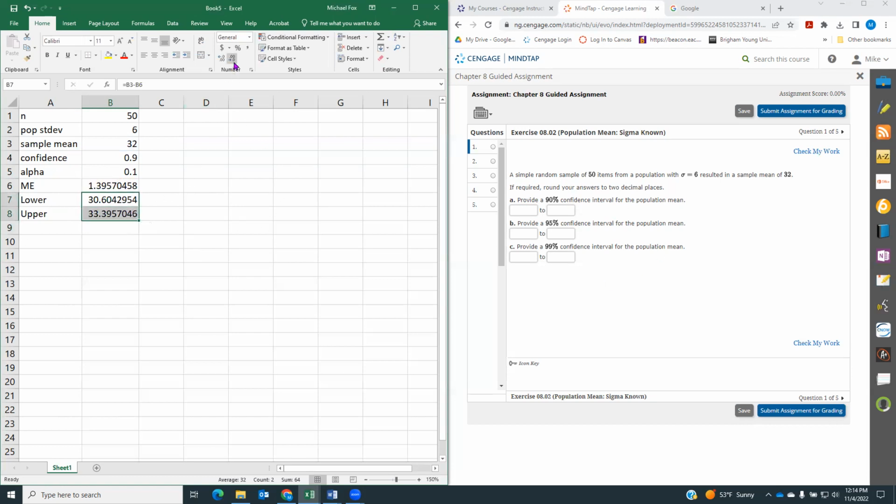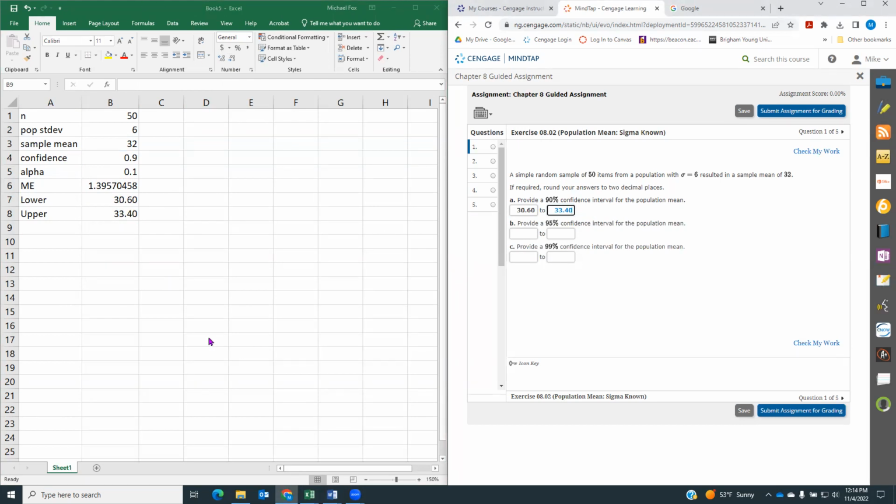So if I adjust this to show me 2 decimals, I'm 90% confident, given all of this information, a sample size of 50, a population standard deviation of 6, a sample mean of 32, that the population mean is somewhere between 30.6 and 33.4.